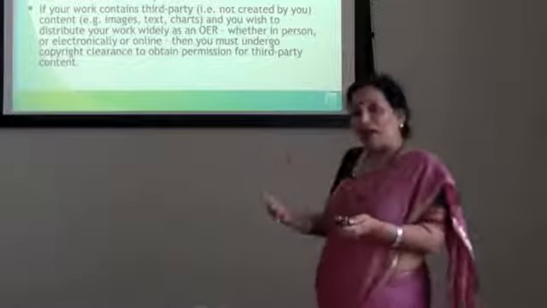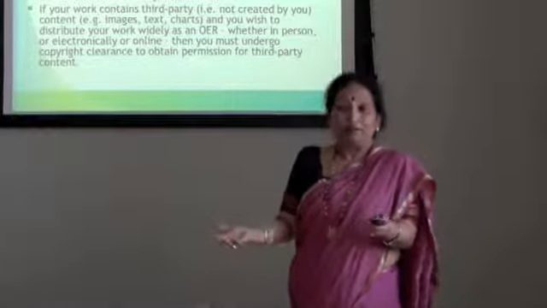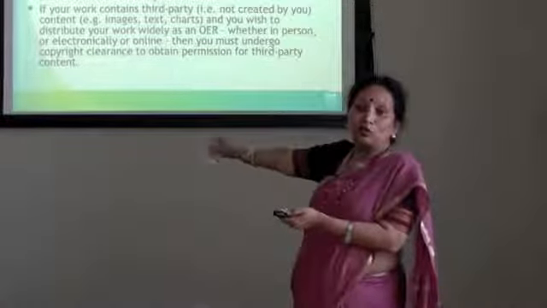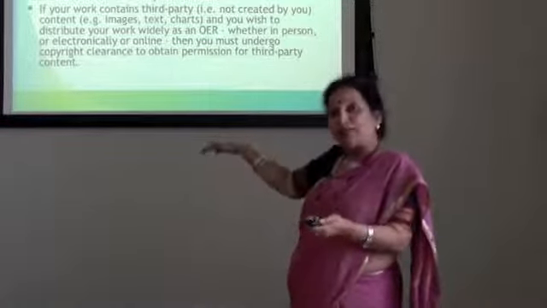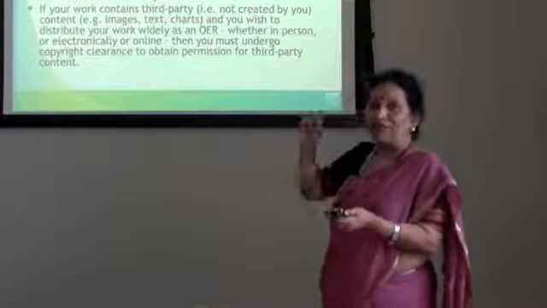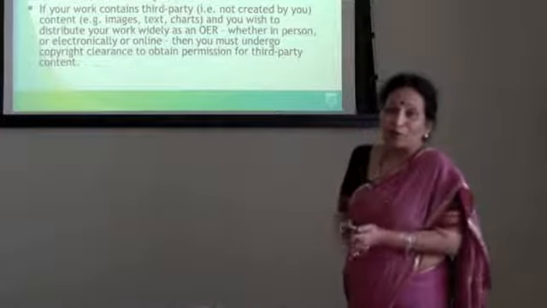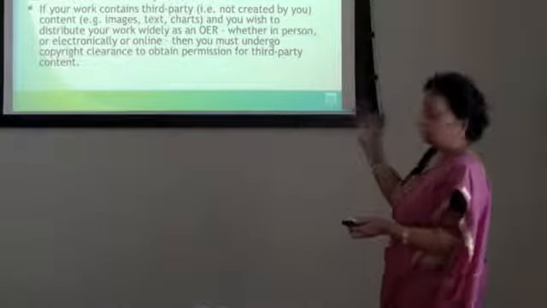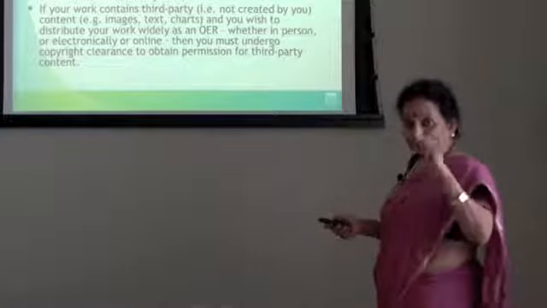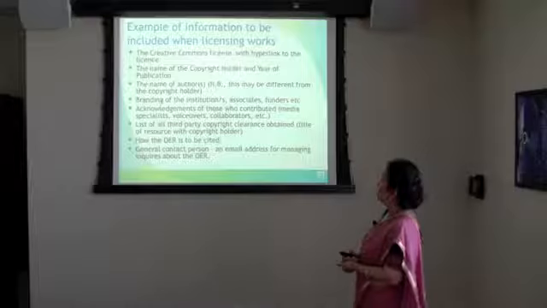So while they allowed you to use them in print or for your own course material, they may have objections to those inputs being used as open education resources. So before you release your own work containing these third-party copyrighted materials as an OER, you must undergo a copyright clearance, or you must obtain permission from the original authors or holders of the copyright to clear this third-party material, and only then can you release that material as an open education resource.